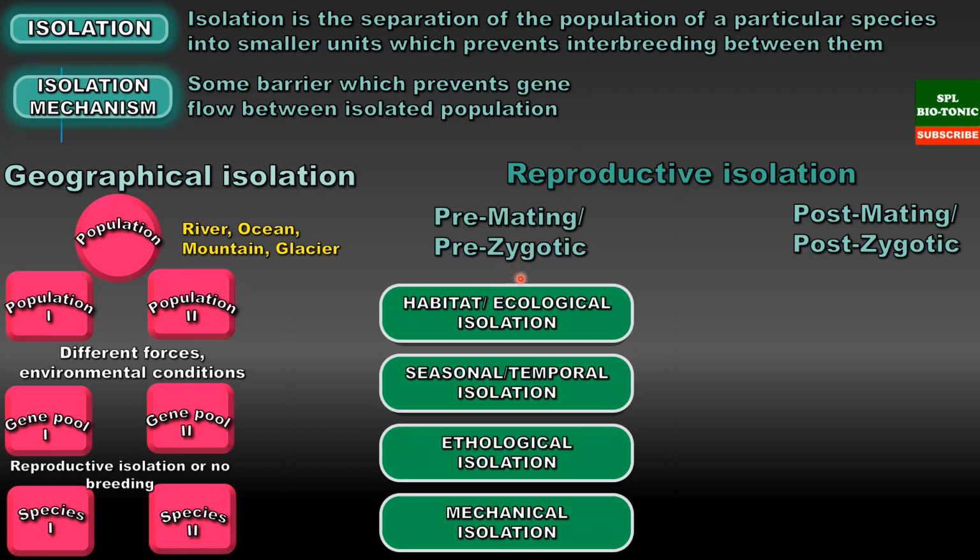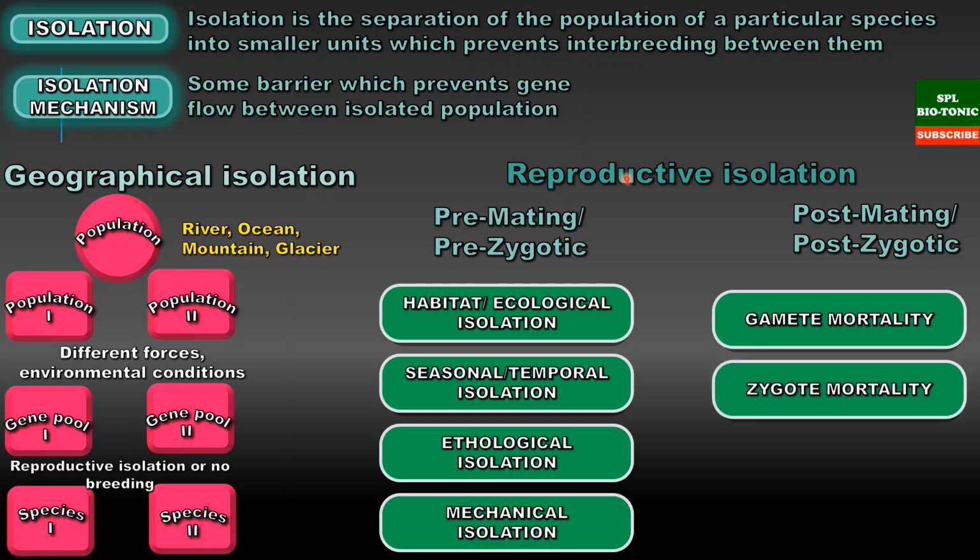In the case of post-mating or post-zygotic isolation, there are three types. The first is gamete mortality, where the gametes die before fertilization, so no individuals are produced. Second is zygote mortality, where the gametes unite but the zygote which is formed dies before individuals are produced.